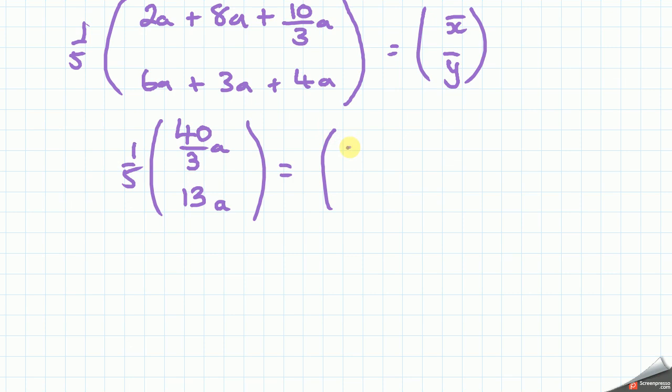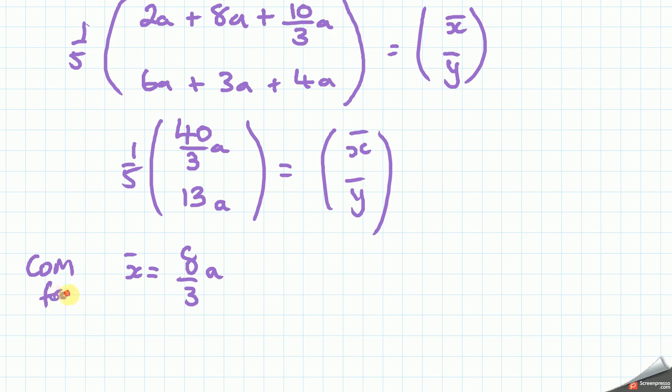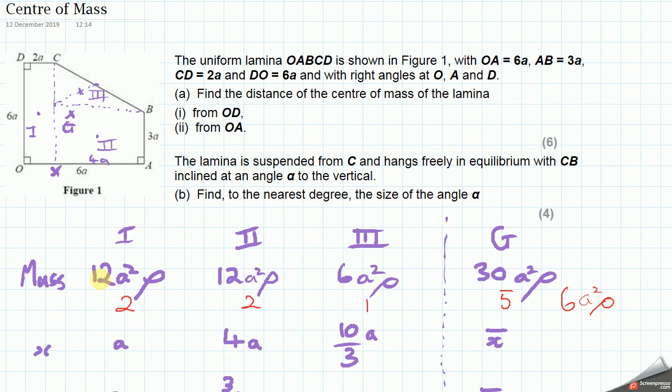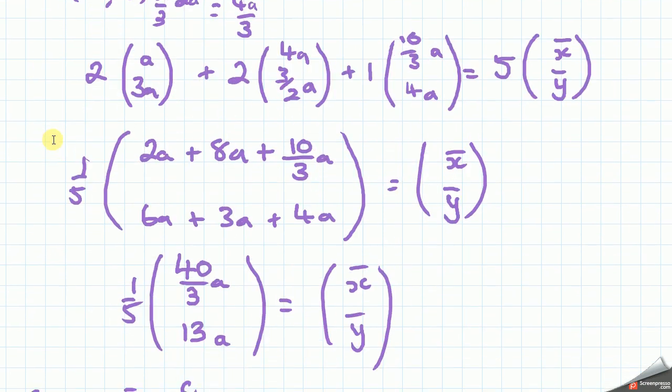This gives me my X bar, Y bar, which allows me to get 8/3 A as being X bar. And X bar is my distance from OD. Because the question actually asked from OD, which is the vertical side, that gives me my X distance for the centre of mass.